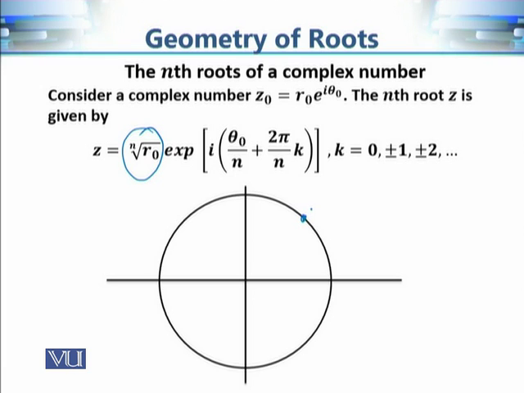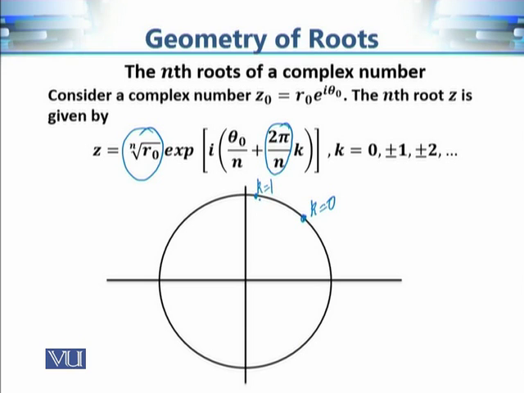Now let's consider the geometry of these nth roots. Let's say this is the value for k is equal to 0. And when I consider k is equal to 1, I'll be getting the next complex number, and the difference between their arguments would be 2 pi by n. This is the value for k is equal to 1.